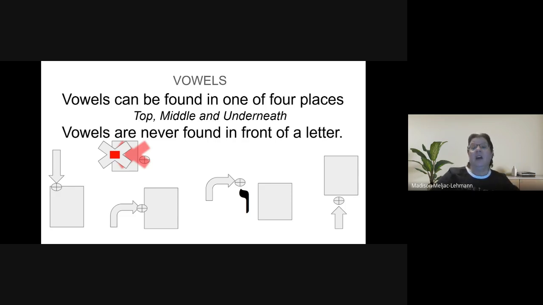And that is because in Hebrew, words start, we're going to learn this tonight, consonant vowel or consonant vowel consonant. There's one exception because there's always exceptions in Hebrew, and that's the end of the word where there could be a consonant vowel consonant consonant, but that's very rare. So there can never be a vowel in front of the letter because you would never know where the word starts.